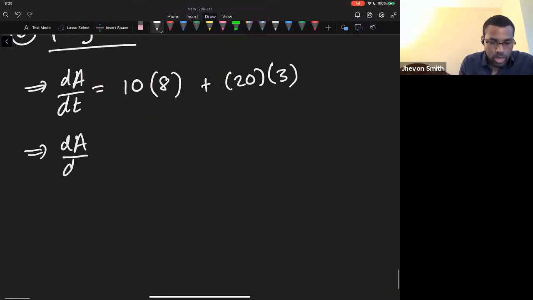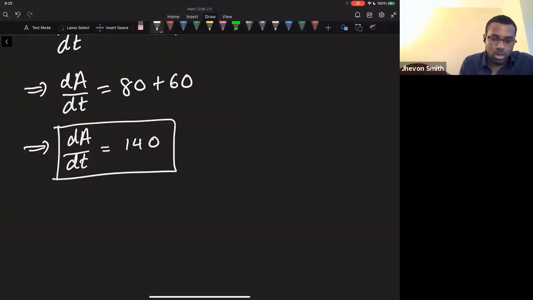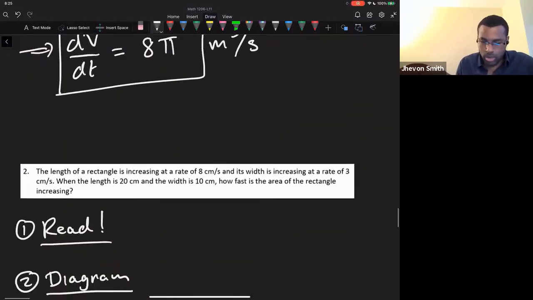And that's all she wrote. dA/dt is equal to 80 plus 60. So dA/dt is equal to 140. This is centimeters squared per second, because it was centimeters per second.